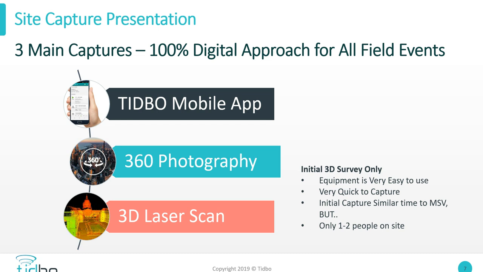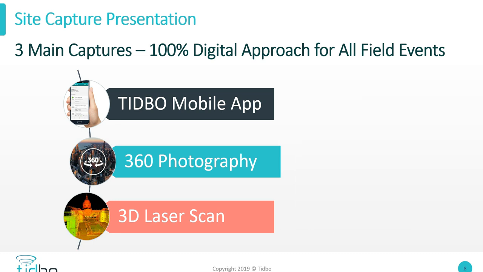And a huge benefit here is that the process will require only 1 to 2 people on site, and then those who need to access and understand the site will have access to all of the depth of information via a mobile phone, laptop, iPad, etc., as TIDBO is a cloud-based solution. So as I say, all field events will be done using the mobile app.